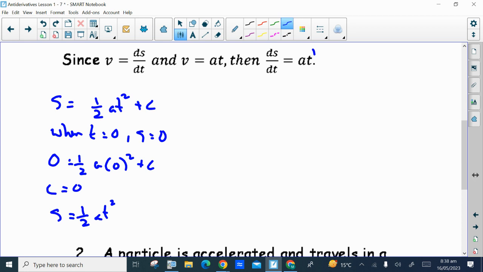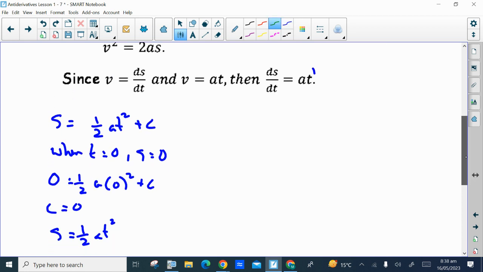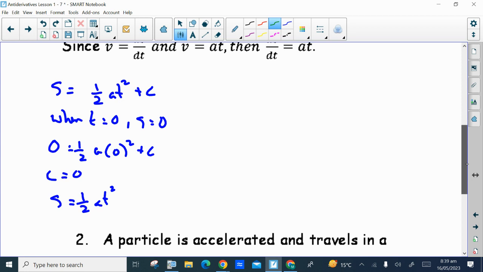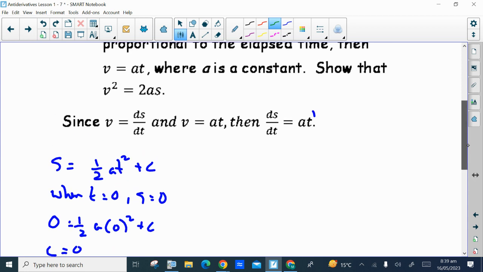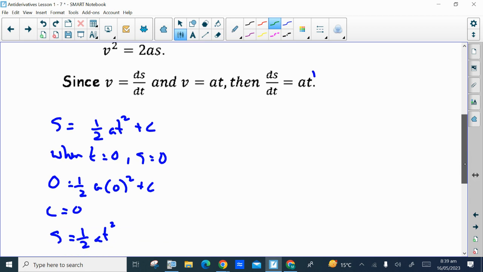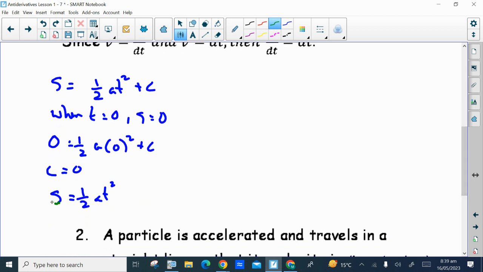So what I'm going to do now, again, we want to show that v squared equals 2as, right? So to get a 2a in front of the s, I would multiply both sides by 2a, because we need to show that v squared equals 2as. So we've already got the variable s on the left.